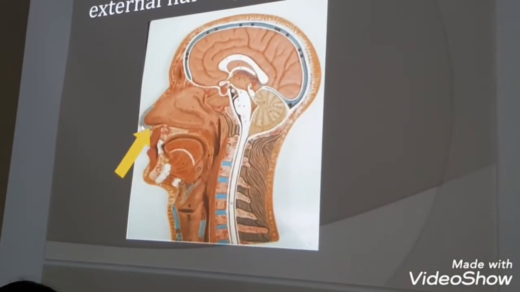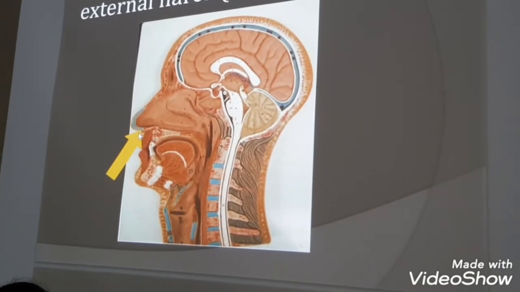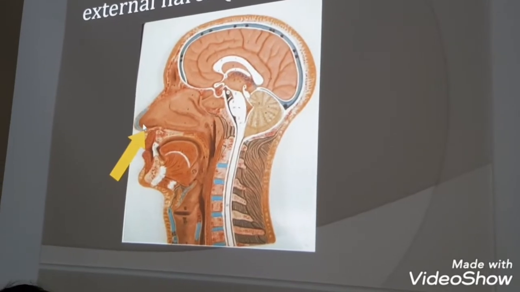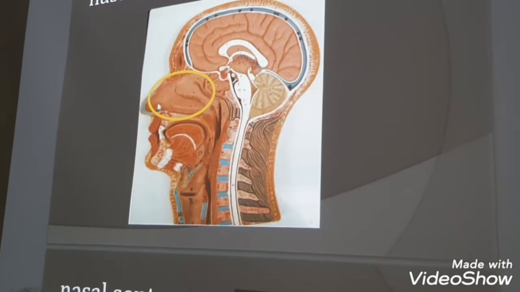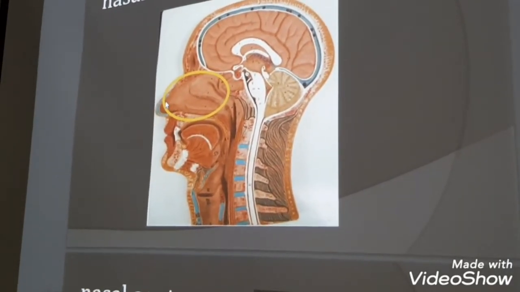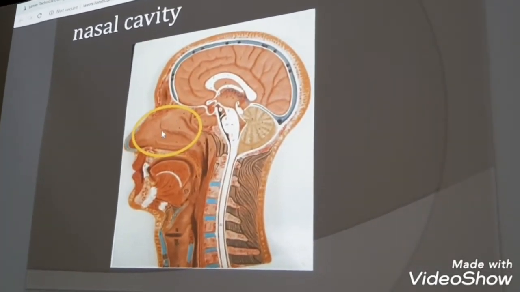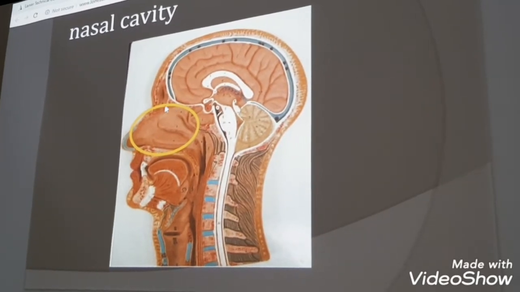Your nostrils, the real term for them is external nares. If I look on the inside, I'd call that the internal nares. I'm going to follow through with something that should look familiar because we learned about them when we learned the skull. Those are the conchas, in the skull, in the nasal cavity.